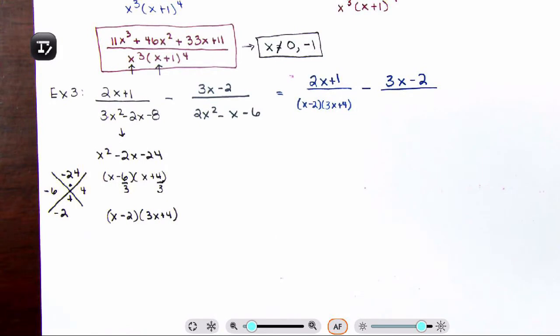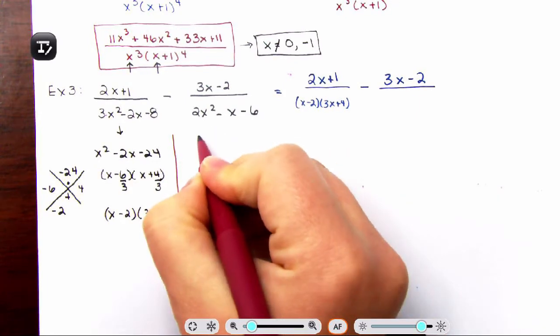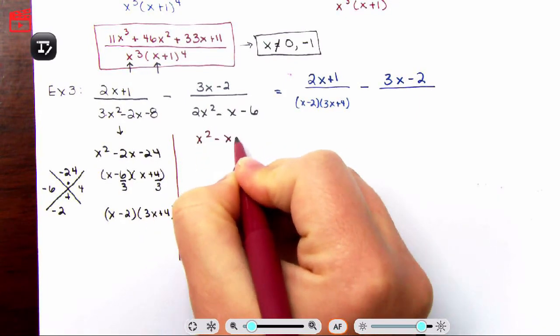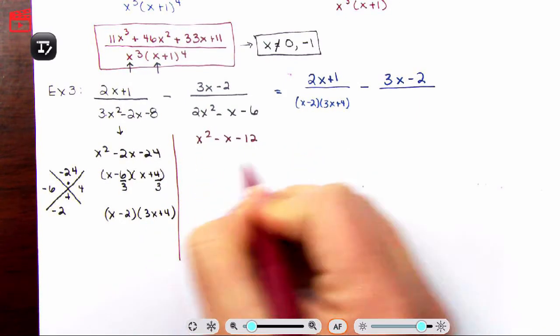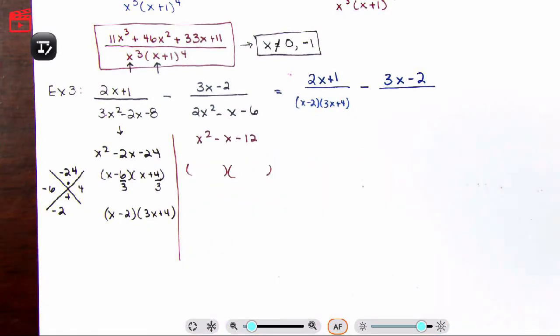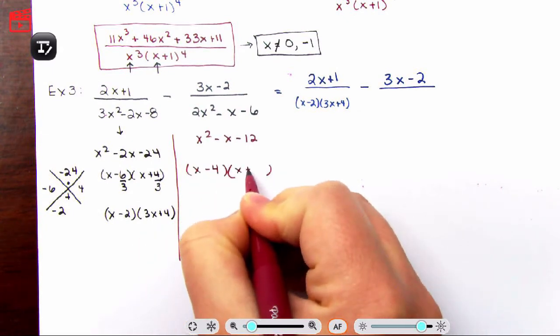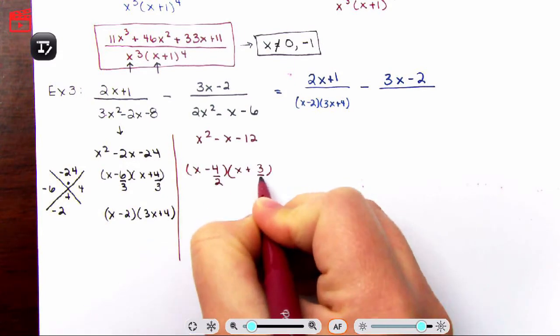And I'm going to do exactly the same thing for my other denominator. Since I have 3 terms, I'm just going to factor it. Again, it's 2x squared minus x minus 12. Two numbers that multiply to negative 12 but give me a negative 1. I'm thinking negative 4 and positive 3. Dividing by 2, since that is my leading coefficient.